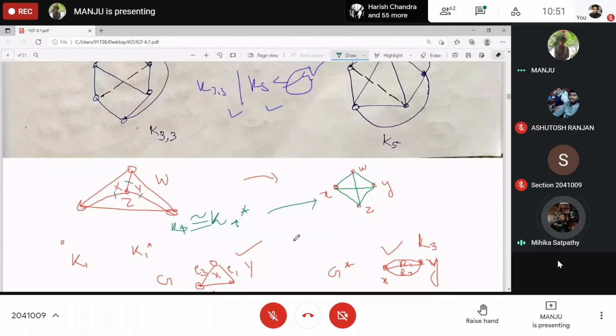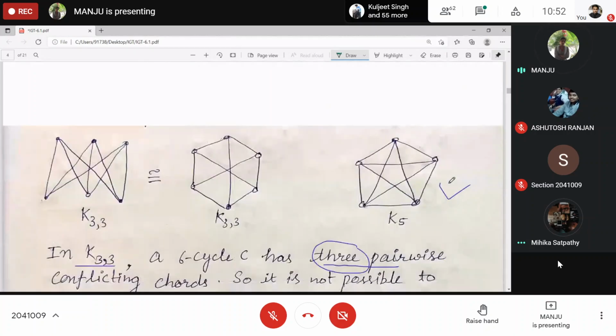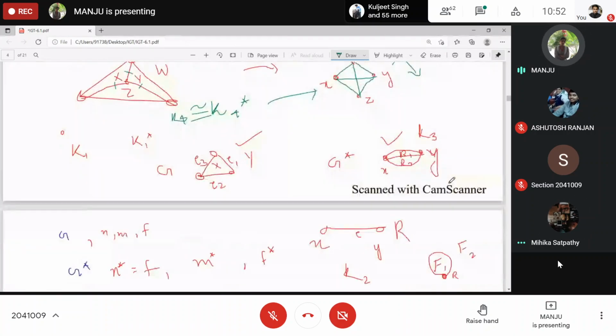Ma'am, I was asking that in the K4 star graph the edges are crossing, so it's not a plane graph. You can draw the dual graph as a plane graph, it is not necessary. I think it should be planar. In the definition, it should be a planar graph.